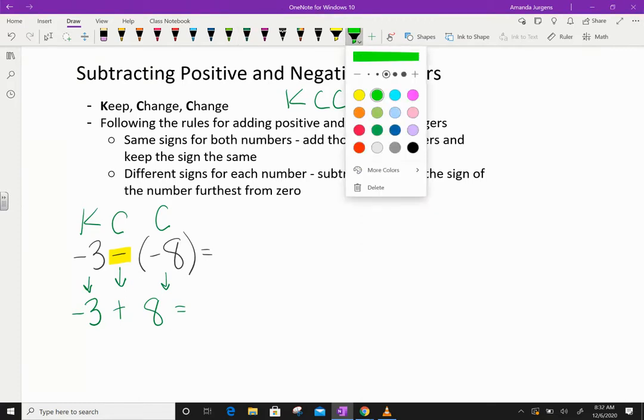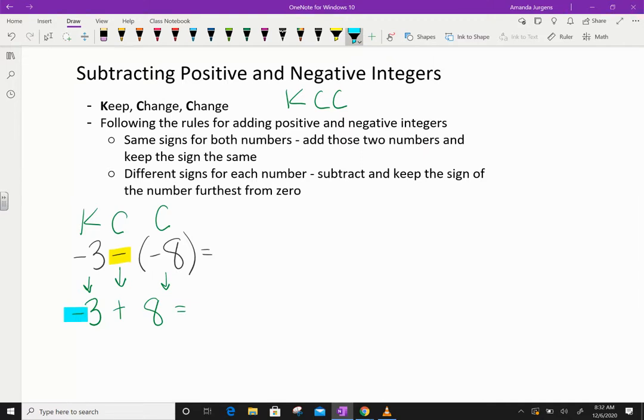Now, in this example, I can see that there's a -3, but this is a +8. There's no negative there. So in this problem, my signs are different. I have a positive and a negative number. -3, +8. So I'm still going to end up subtracting here.